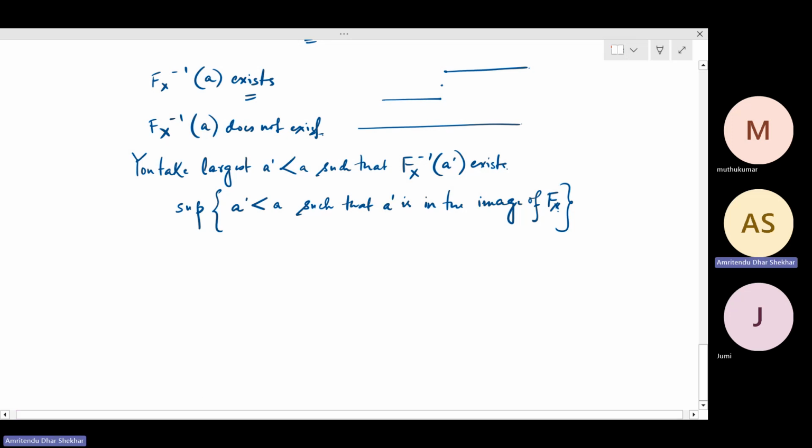So let me write it down in this way. The graph of F_X will consist of a set of intervals.